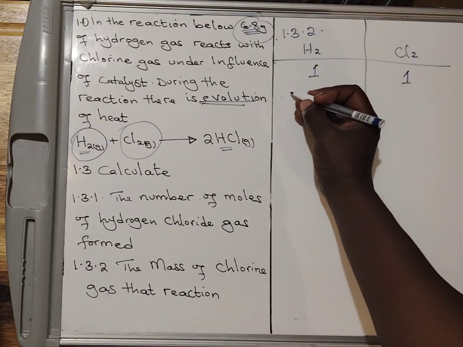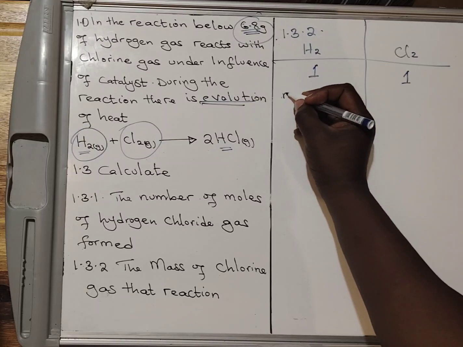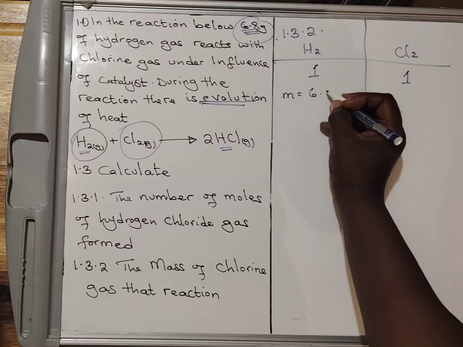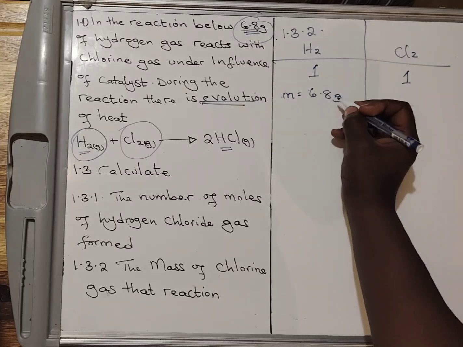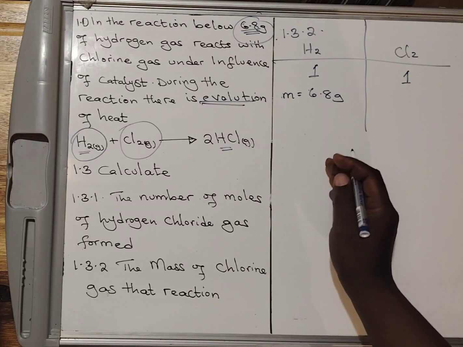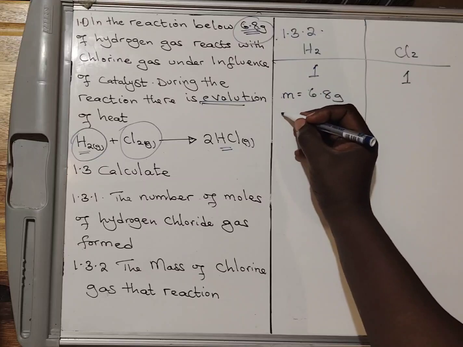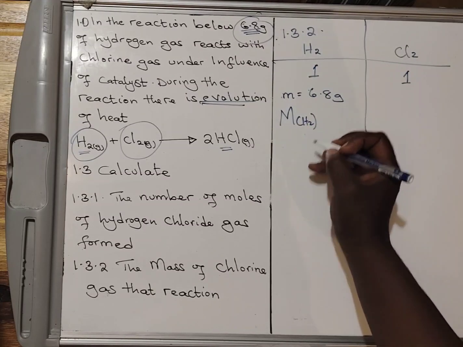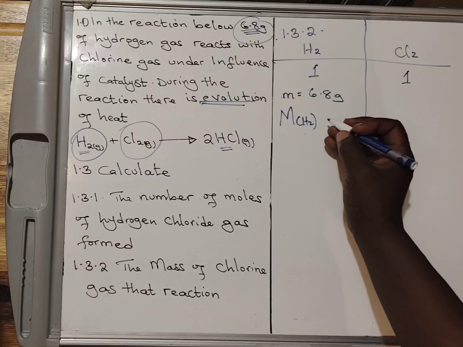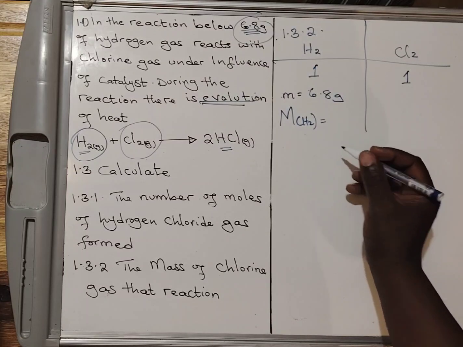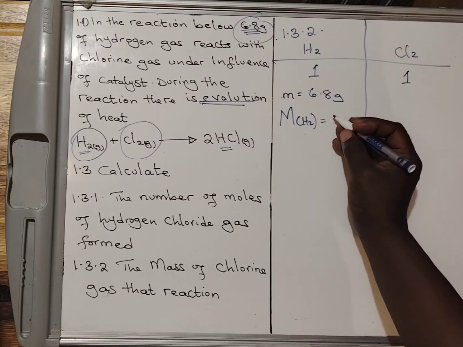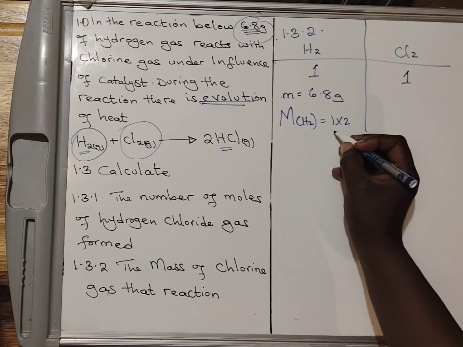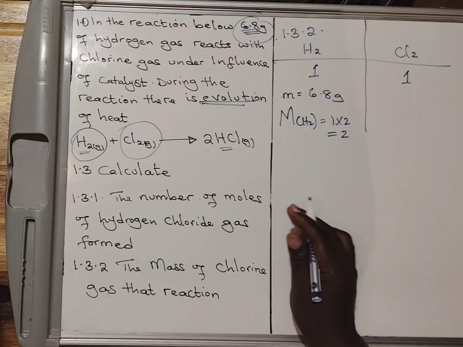So what do we have here? We are given, remember, hydrogen, the mass is 6.8 grams. Okay. Then, like we said, hydrogen, it's a diatomic molecule. So meaning that 2 atoms are combining to form 1 molecule. So what do we get here? It's going to be 1 times 2 for the molar mass, which is 2.